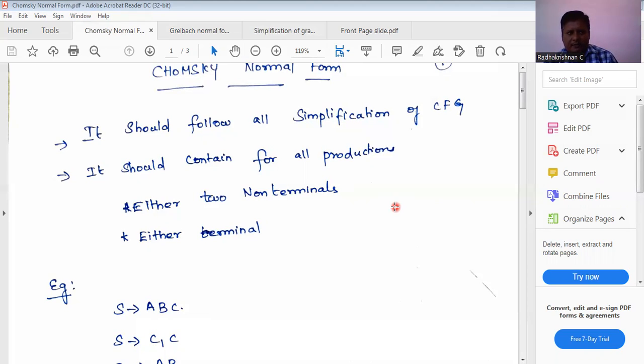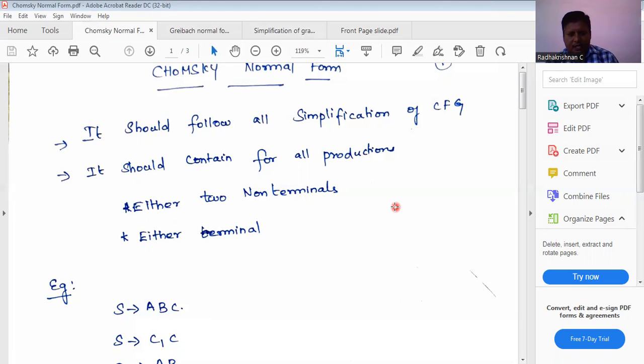The Chomsky normal form has only two specific syntax rules. Each and every production rule must satisfy them. First, one non-terminal gives exactly two non-terminals. Next, one non-terminal gives exactly one terminal. That means capital letter non-terminal symbols: non-terminal gives non-terminal, non-terminal.